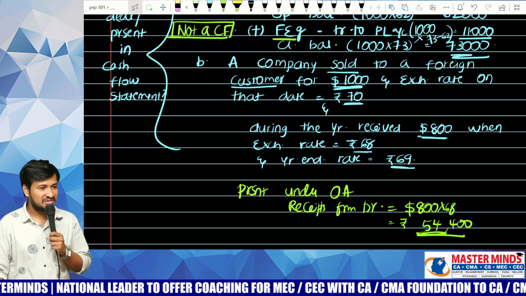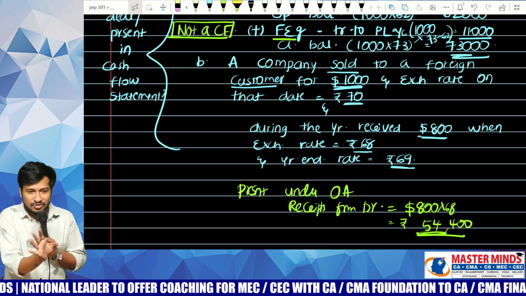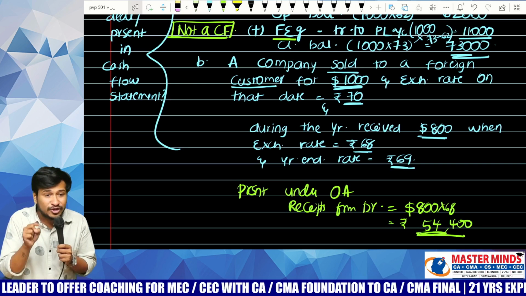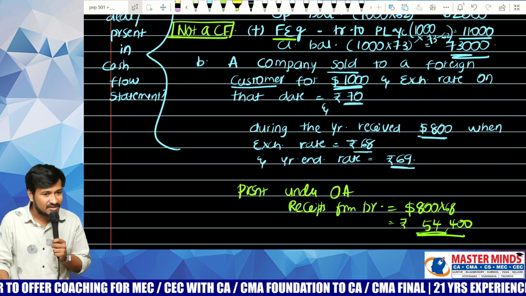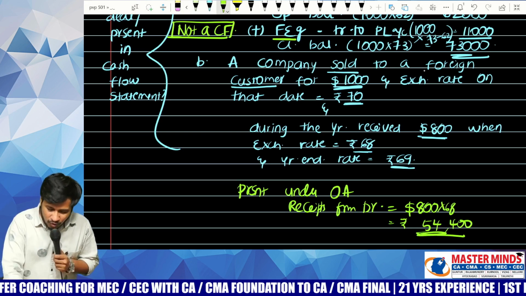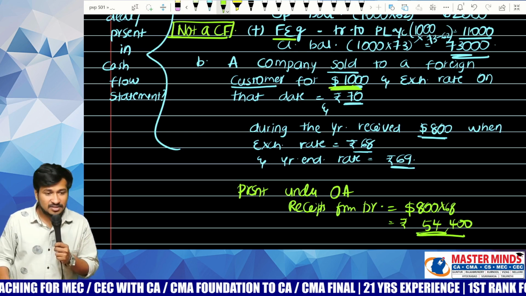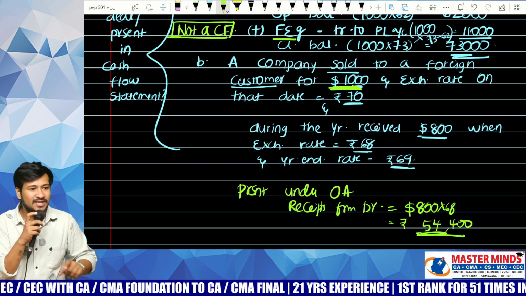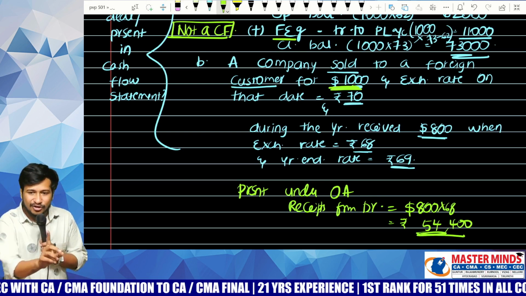There ends the matter. You're not going to show any other thing. Reason being, you have sold to a customer for $1,000, where still $200 is pending. That is not at all your cash.